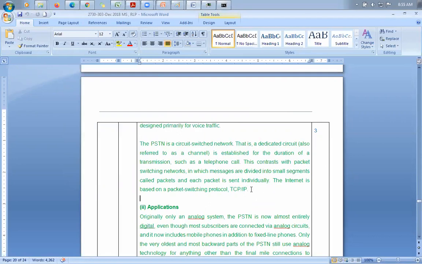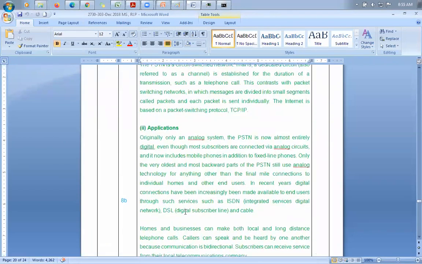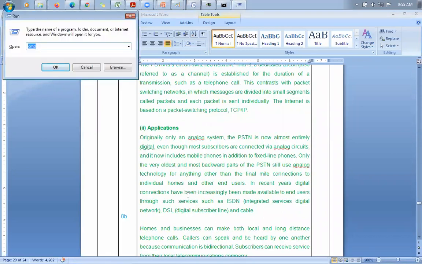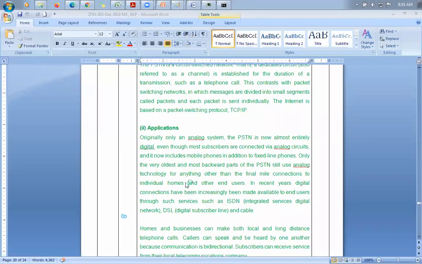I hope that point was clear for all. TCP/IP. When you go to your computer, let me show you. If you just type ncpa.cpl, you'll be able to see the connections. Let's wait for a minute.